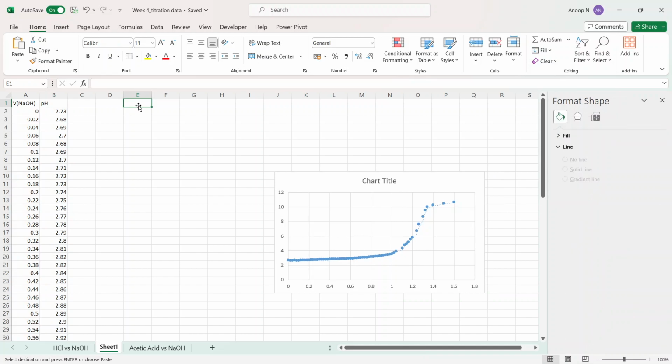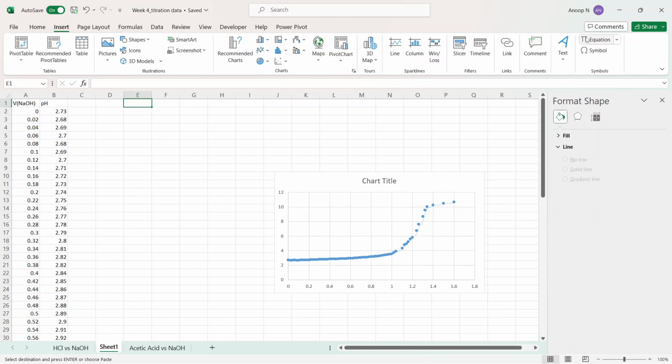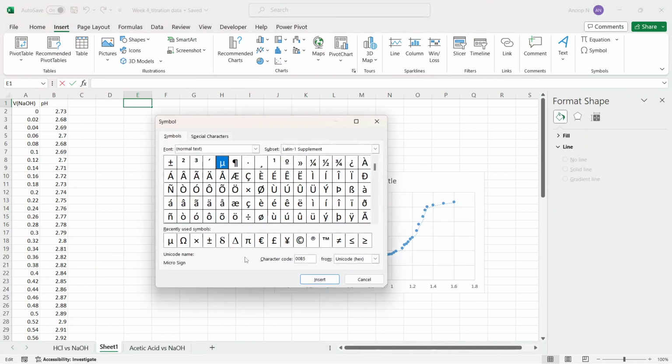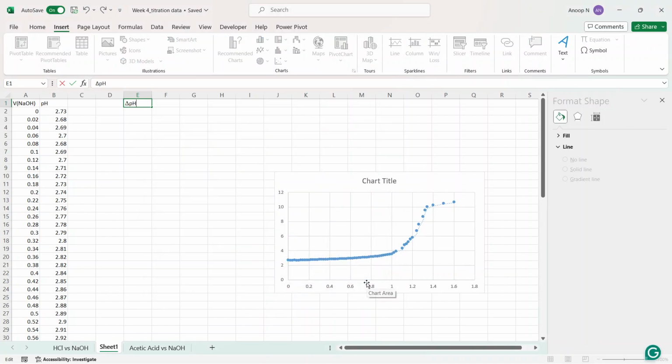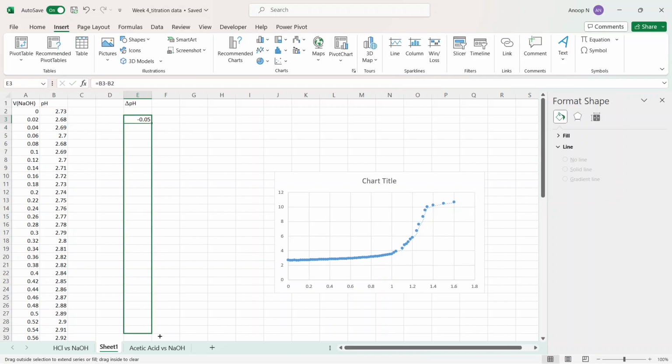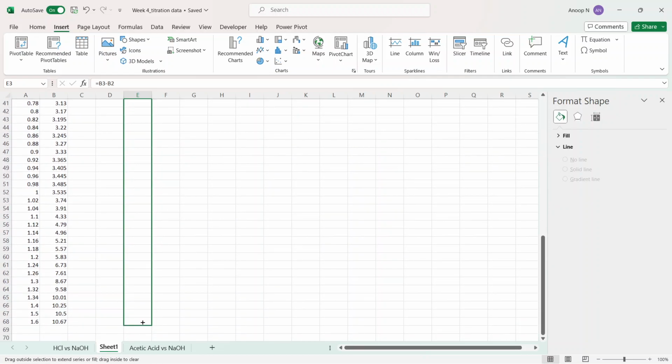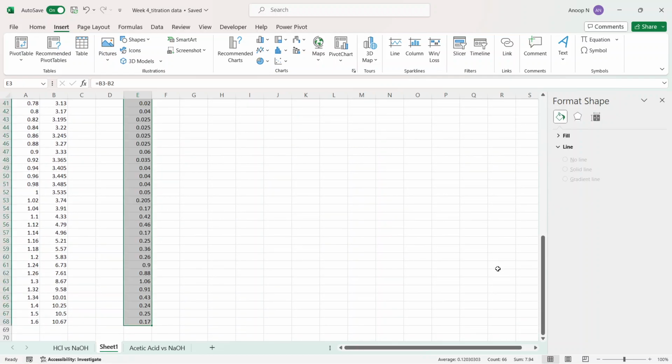Insert, symbols, delta, pH. So delta pH is nothing but this value minus this value. Then we'll just drag it, so we got all the values.